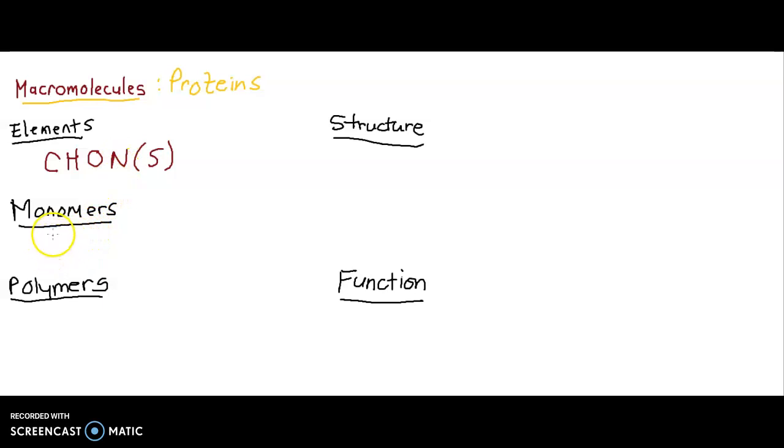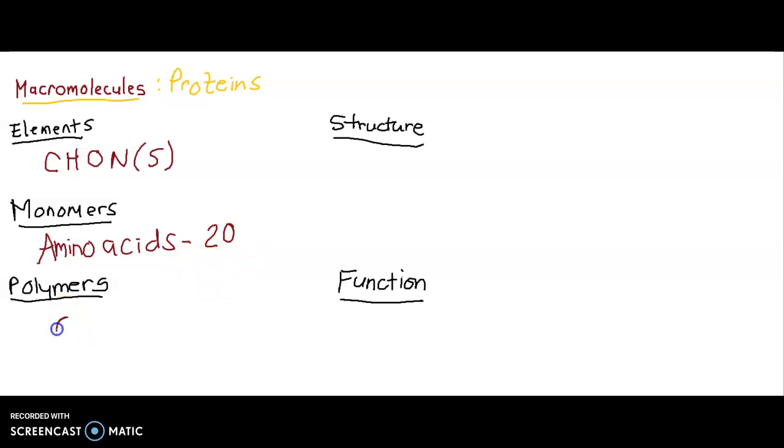The monomers of proteins are called amino acids. Each amino acid is going to have C, H, O, and N present. There are 20 commonly occurring amino acids. The number that are essential depends on the species.